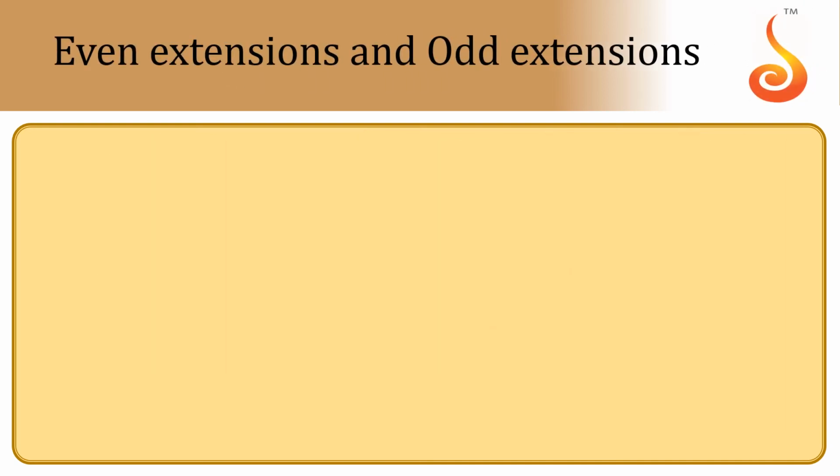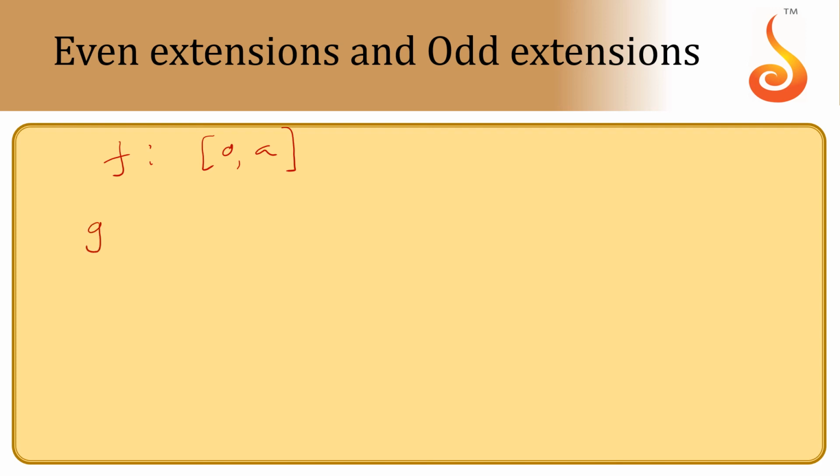Now what are even extension and odd extension? Suppose there is a function f which is defined only on the interval 0 comma a. When it is defined on this, you cannot talk about even function or odd function for f. But you can create a new function now like this.